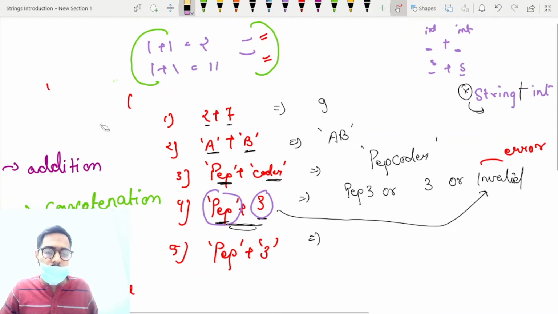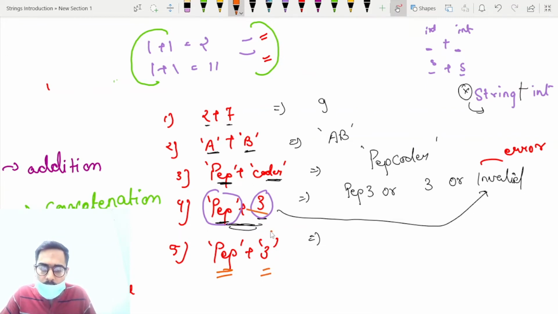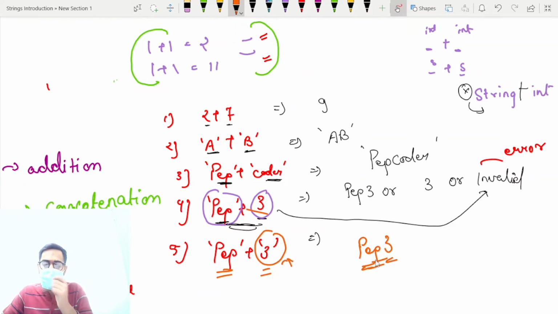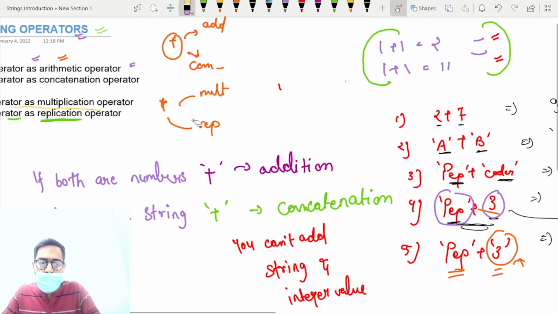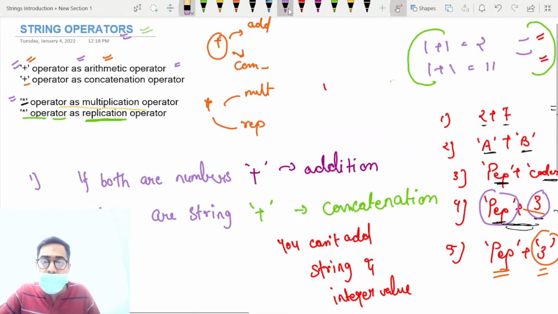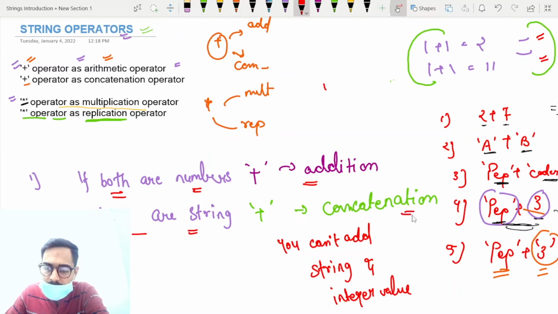Now let's move to the last one, where you have pep as a string. Is 3 an integer or a string? It is a string, so the output will be pep3. String plus string gives you concatenation, that is, you have merged the strings. So three conclusions are drawn here: if both are numbers, plus will act as addition. If both are strings, plus will act as concatenation.